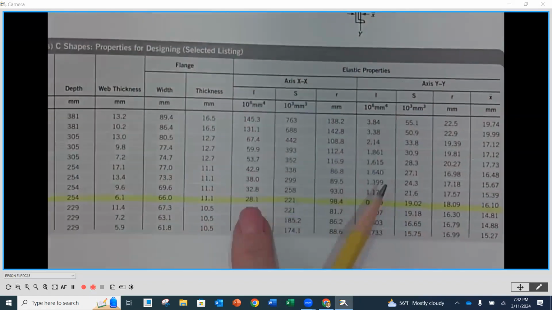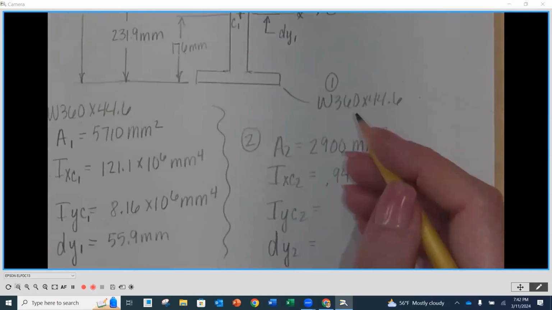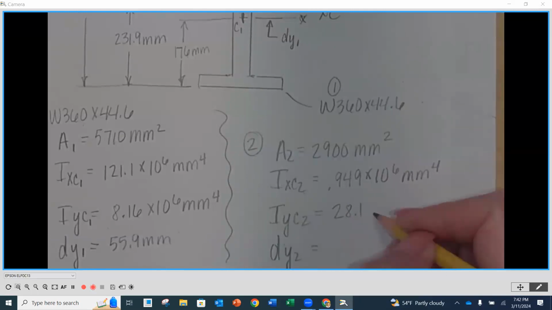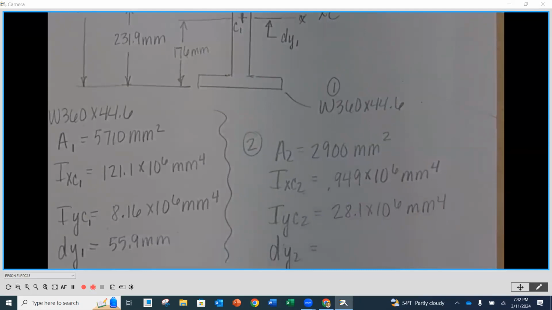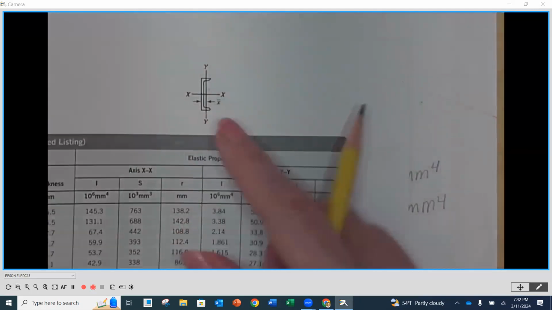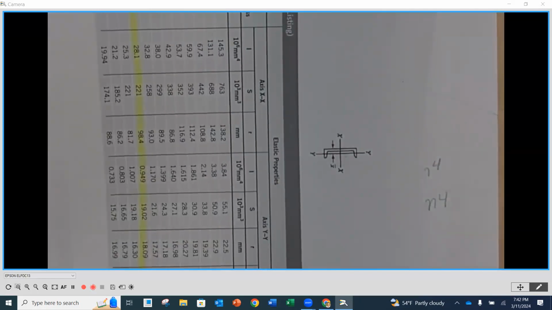So we're going to go down this column, and now our y value is going to be 28.1 times 10 to the 6th millimeters to the 4th. So we had to switch those around based on the way that it was sitting, okay? If it was sitting upright right here, the x's and y's would correspond. But because we were tipped like this, they were just flipped opposite, okay?